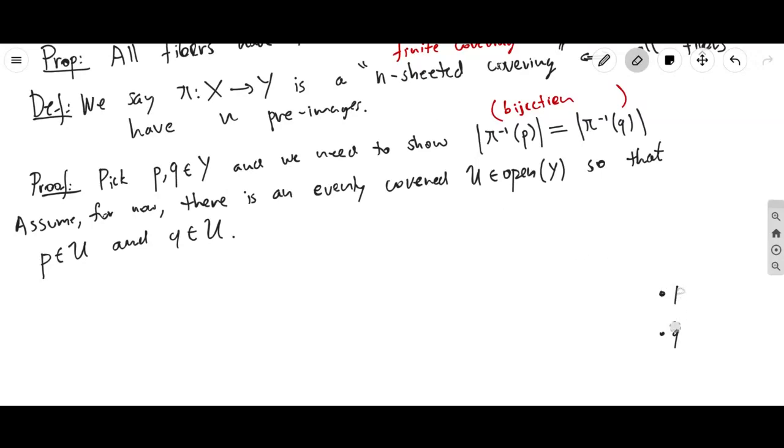If you have an evenly covered neighborhood for P, that's not necessarily an evenly covered neighborhood for Q. That is not necessarily guaranteed to hold.